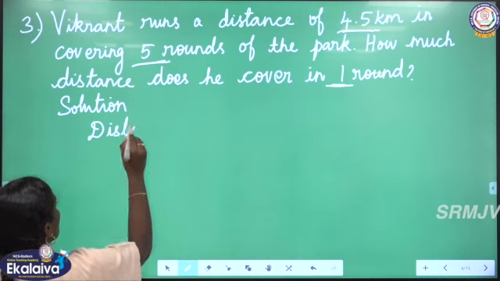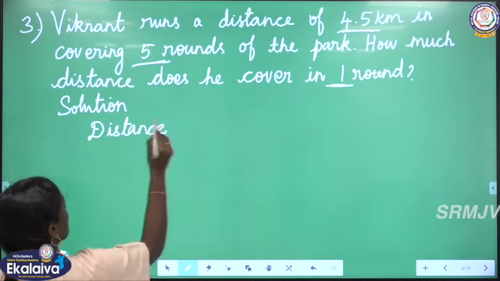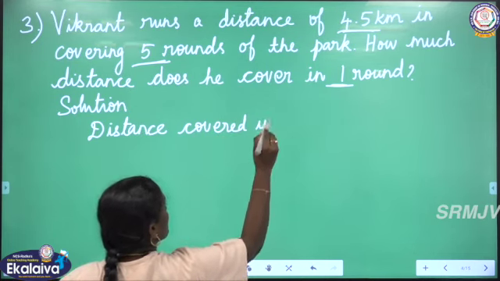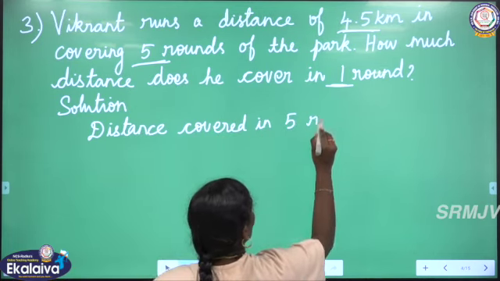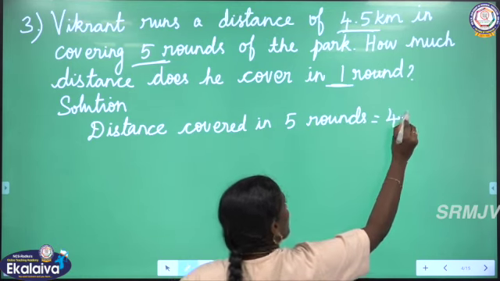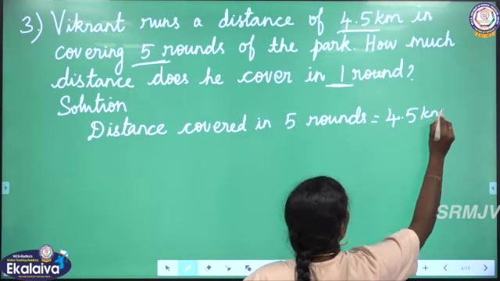Distance covered in 5 rounds is equal to 4.5 kilometer.